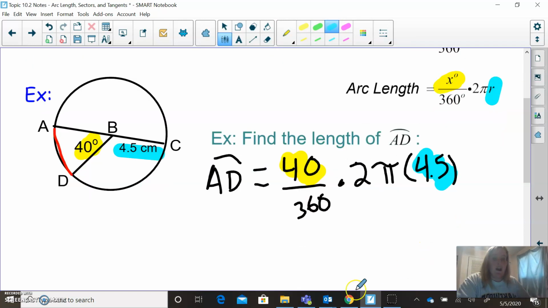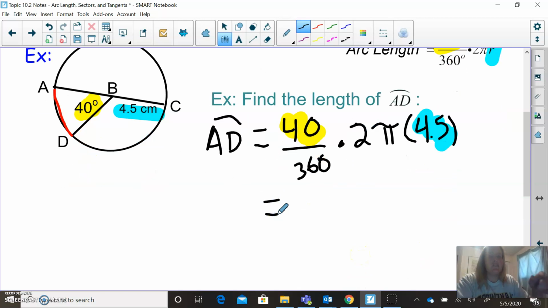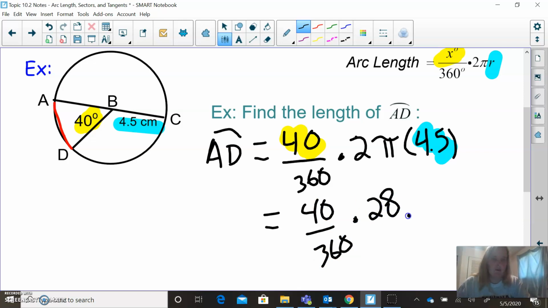All right. Now we're going to simplify. Let's start off with the circumference part of the formula. So you can do 2 in your calculator, 2 times the pi button, do not use 3.14, the pi button, times by 4.5. 40 divided by 360 times by 28.3.